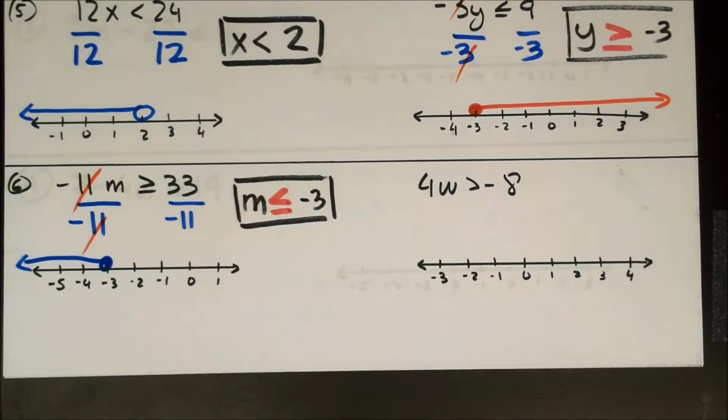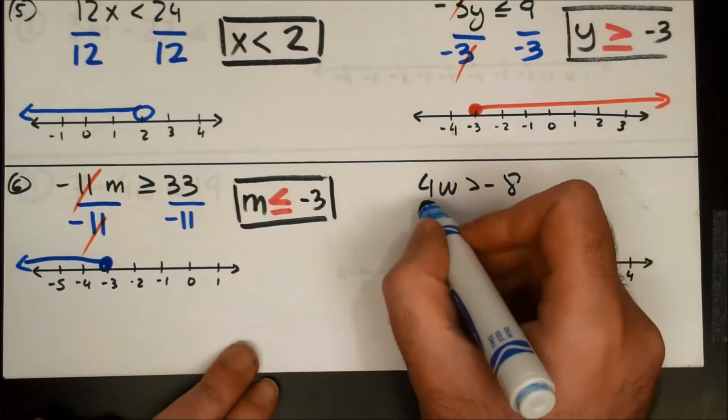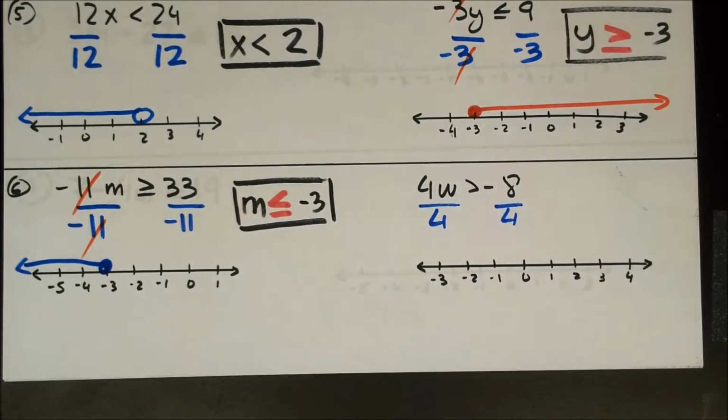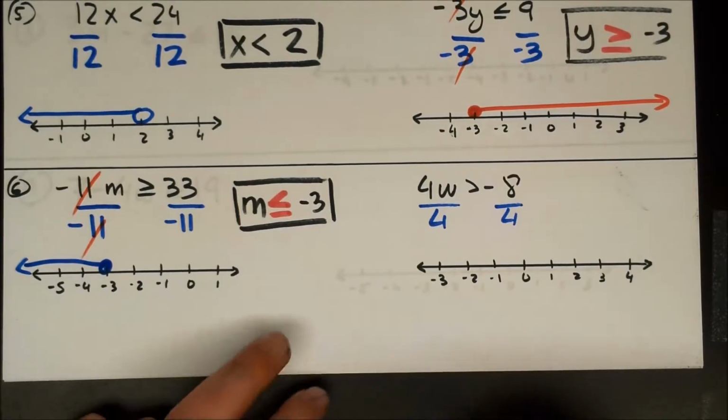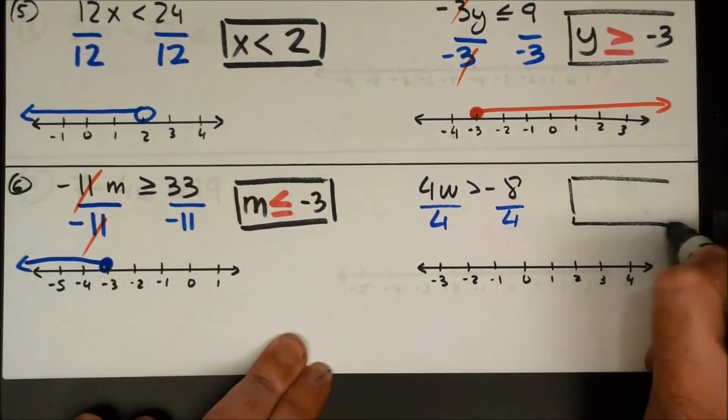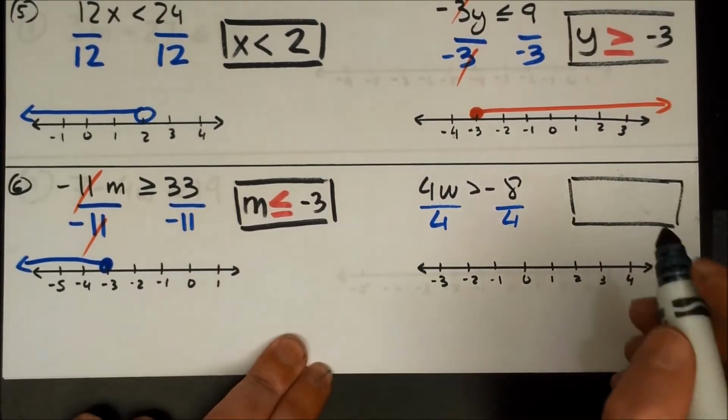Let's take a look at the second half of 6. We have w being multiplied by 4. The opposite of being multiplied by 4 is to divide by 4, both sides. Are we multiplying or dividing by a negative number? The answer is no, which means we are not flipping our symbol because we did not multiply or divide by a negative.